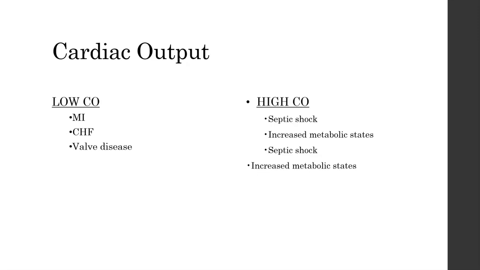So the most common cause of decreased cardiac output is an MI, because that causes pump failure, which results in decreased cardiac output. Things that result in inadequate filling of the heart can be tachycardia, dysrhythmias, hypovolemia, mitral stenosis, tricuspid stenosis, tamponade, and restrictive cardiomyopathy.